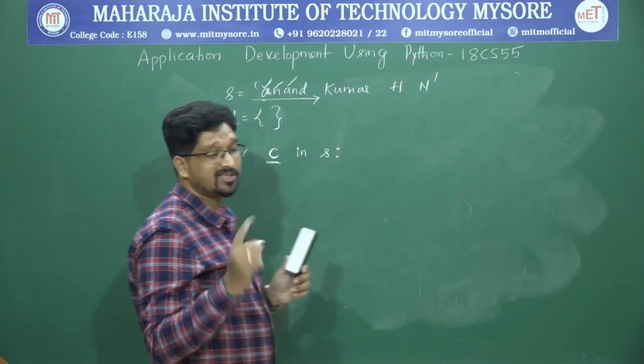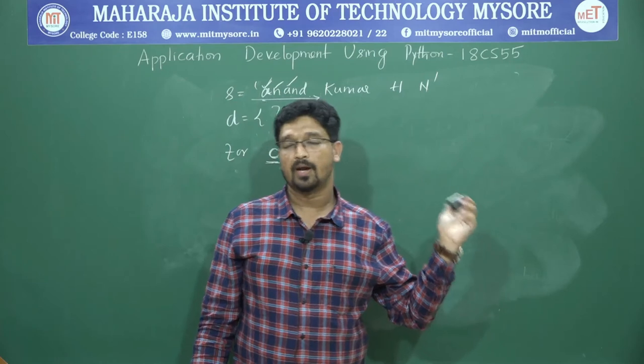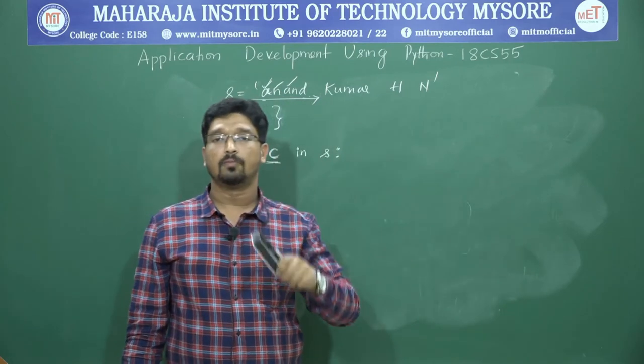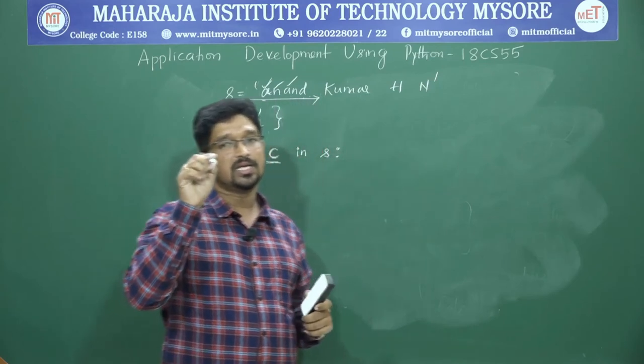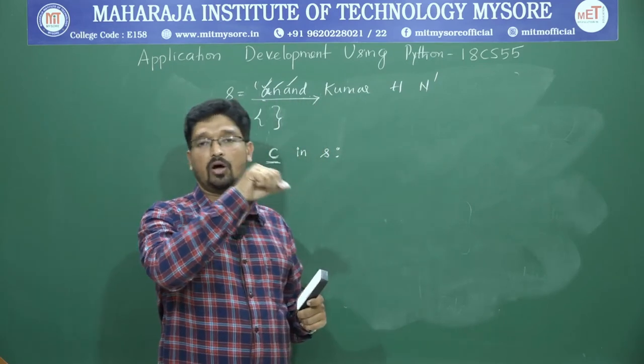How to check whether it exists or not? In the previous example I used the setdefault method. The setdefault method will check whether a particular key exists in the dictionary or not.